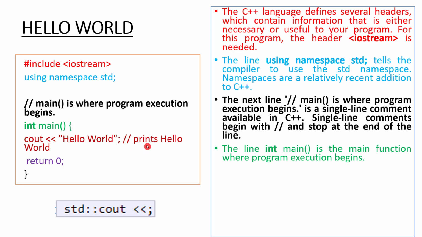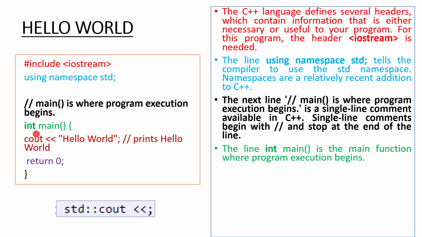So that means a reader, a second person, will understand that this command will make the program print hello world. Then return 0, because we are not performing any calculations inside this program. We are not returning anything after the computation. Just type this one, ending with a semicolon, closing with the curly bracket.